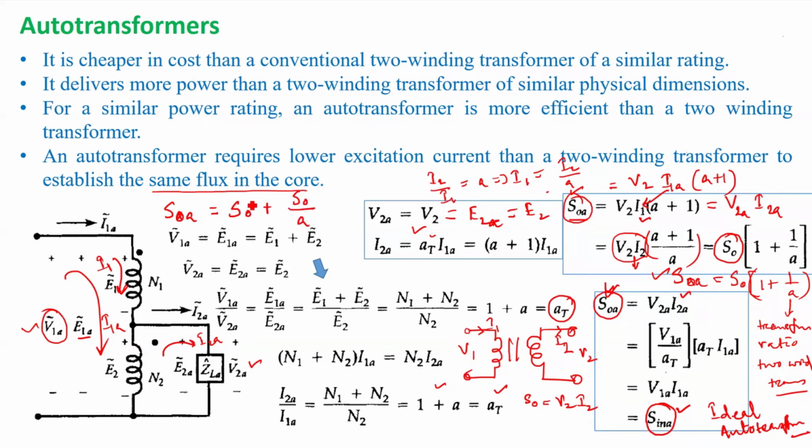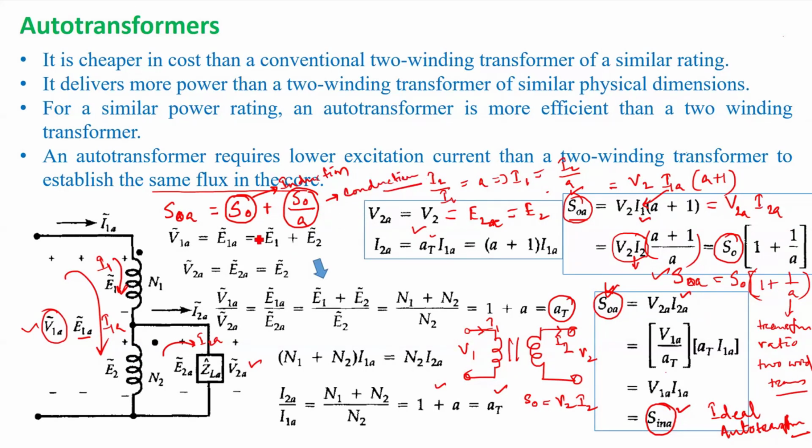So SO is the output of the two winding transformer which we are receiving through the principle of induction, right? And this part is received through the principle of conduction.